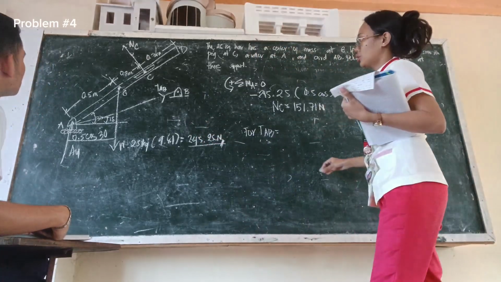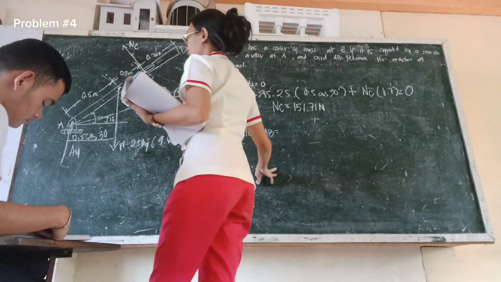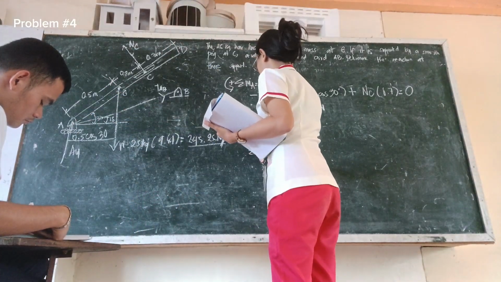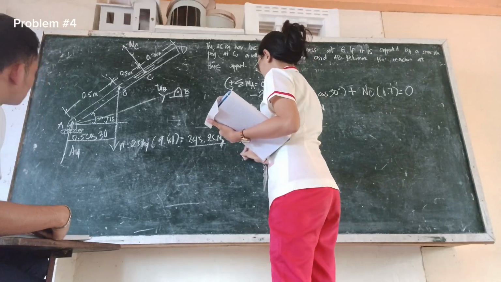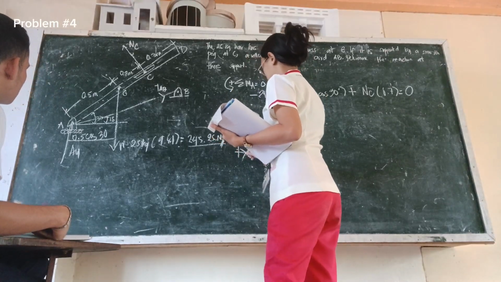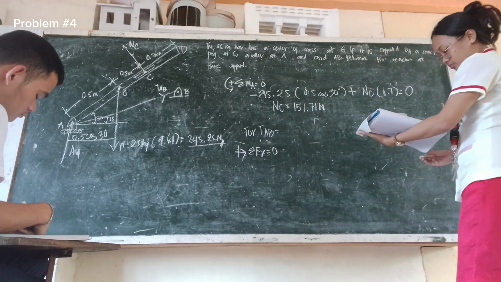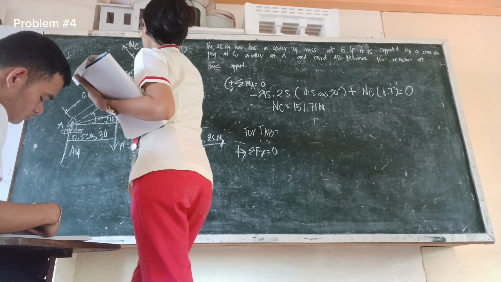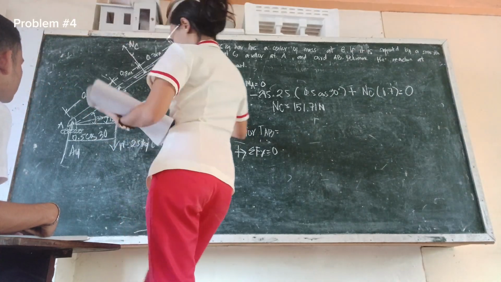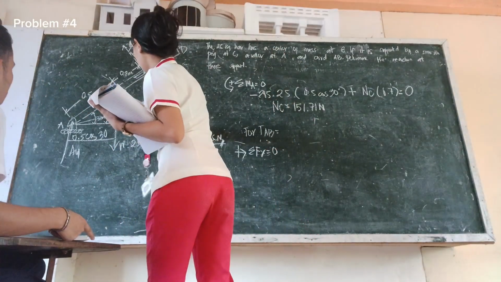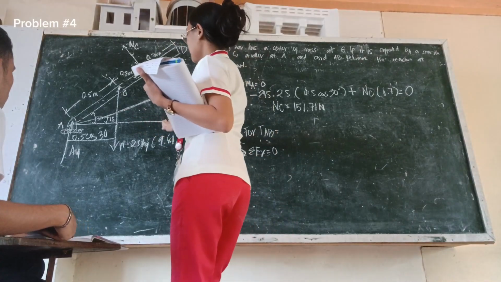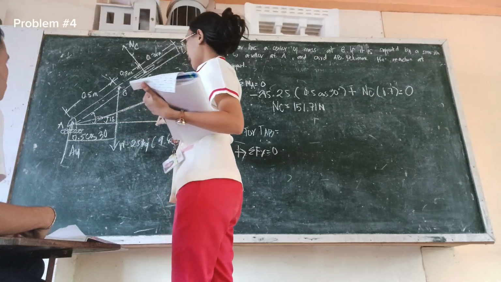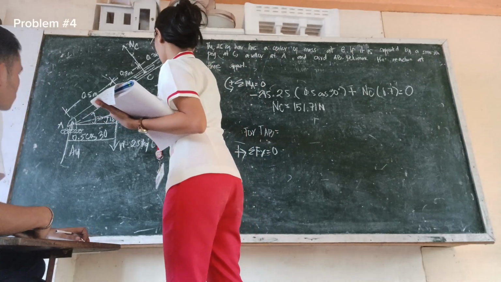And now, to solve for TAB, we have to identify the forces that act in the x direction. So, summation of forces at x is equal to 0. We have to identify first the forces that act in TAB. This is the x direction and this is the y direction.